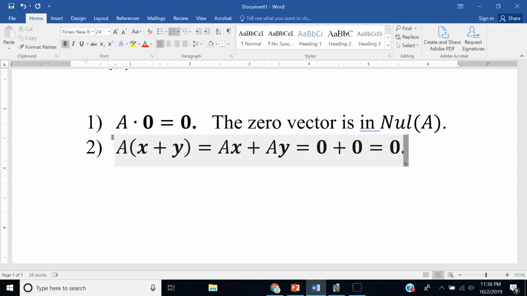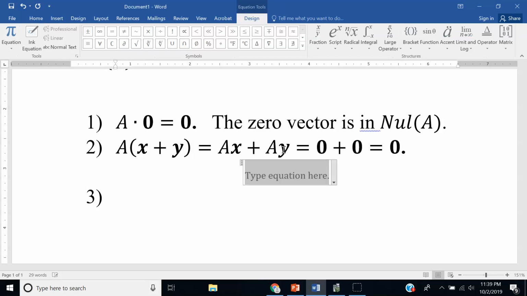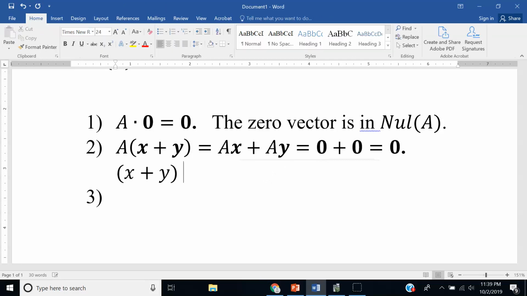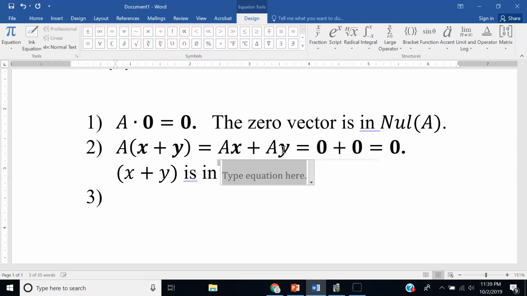And so what that line shows us is that the sum of two vectors that started out in the null space is in the null space.